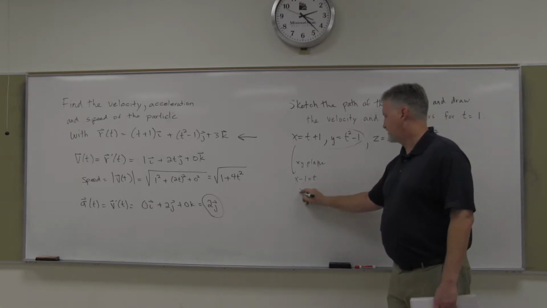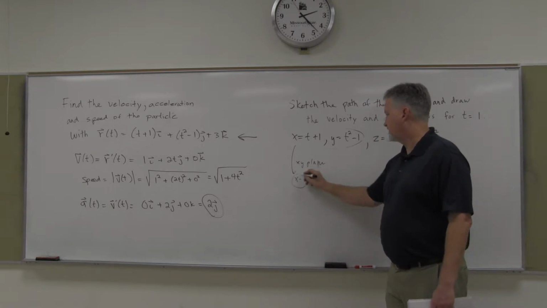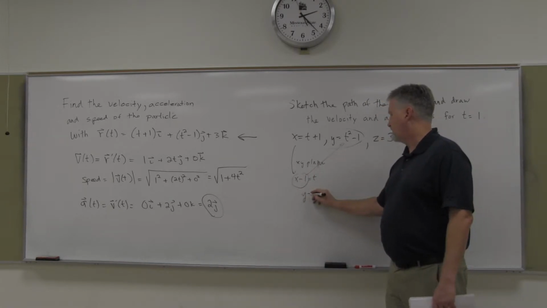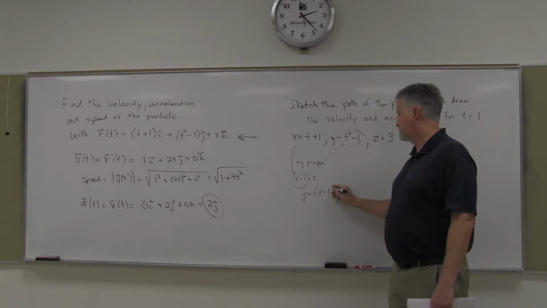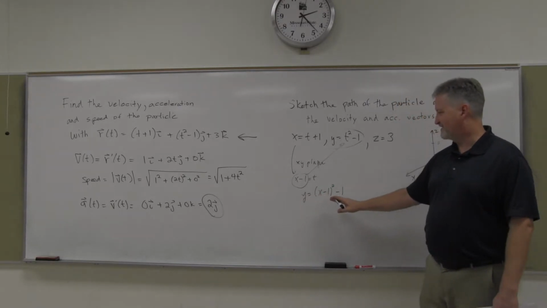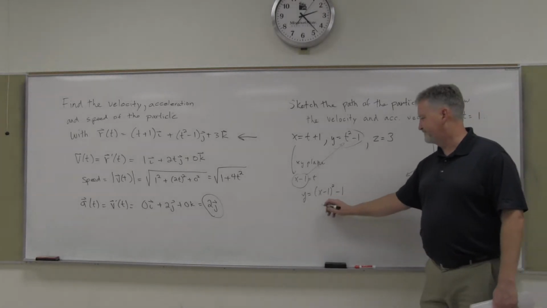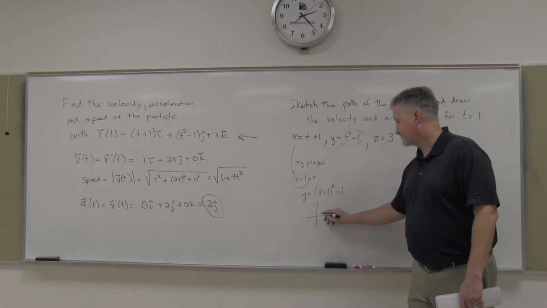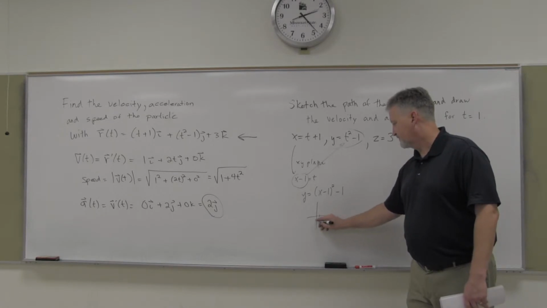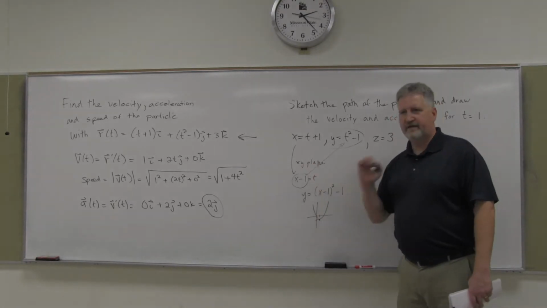So you get y equals (x minus 1) squared minus 1. That's pretty easy to see. That's just a parabola, 1 to the right, 1 down. Vertex would be there. So that's what it looks like in the XY plane.